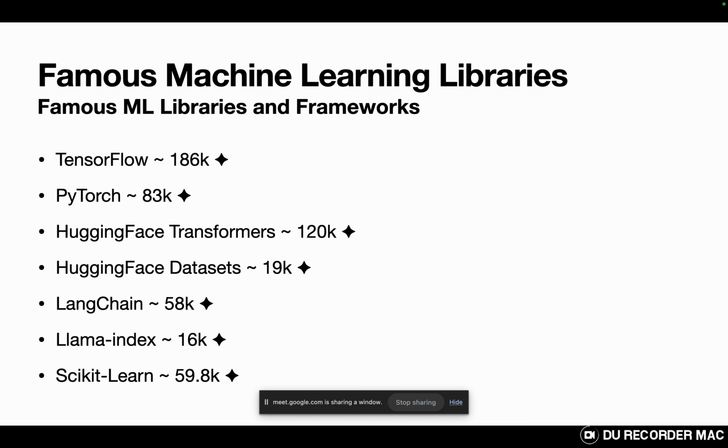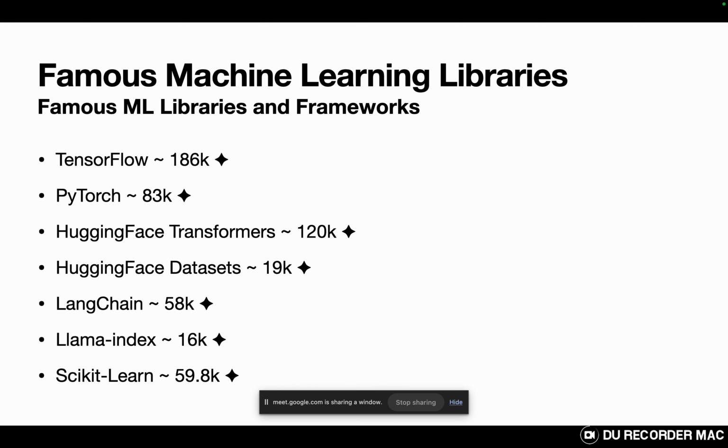Now, I'll talk a little bit about some of the famous machine learning libraries. You can see that there is TensorFlow, which has 186,000 stars, one of the highest starred libraries on GitHub. Then there is PyTorch with 83,000 stars. Then Hugging Face Transformers with 120k stars. Hugging Face datasets has 19k stars.